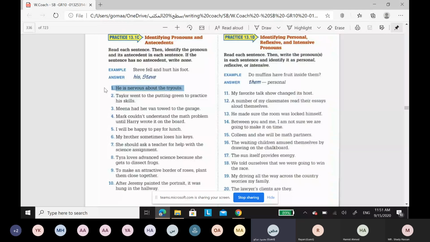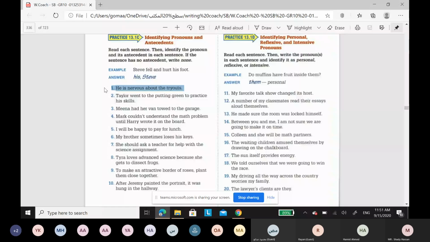No, wait, "he" is a pronoun. Yes, that's right. He is a personal pronoun. It's a subjective pronoun. We've got two types of personal pronoun, subjective or objective. When you start a sentence with the personal pronoun, you can simply say it's a subject pronoun.